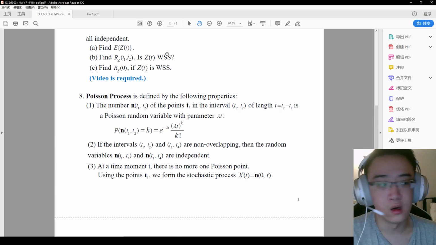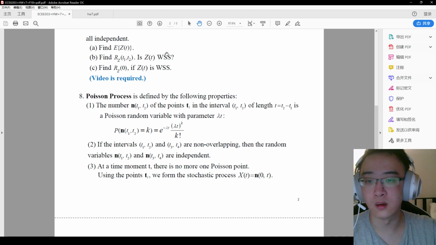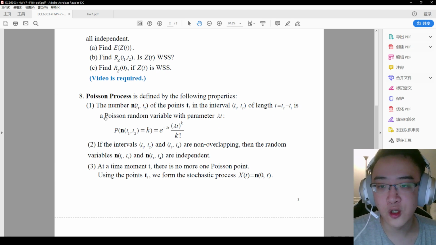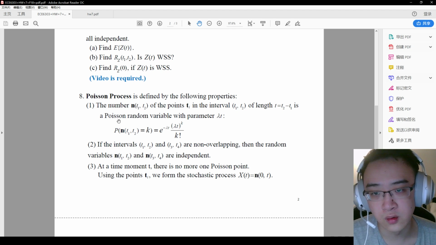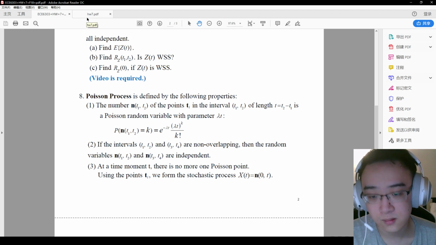First of all, in this function, the probability that N(t1, t2) is equal to k is equal to e to the negative lambda t times lambda t to the k over k factorial.